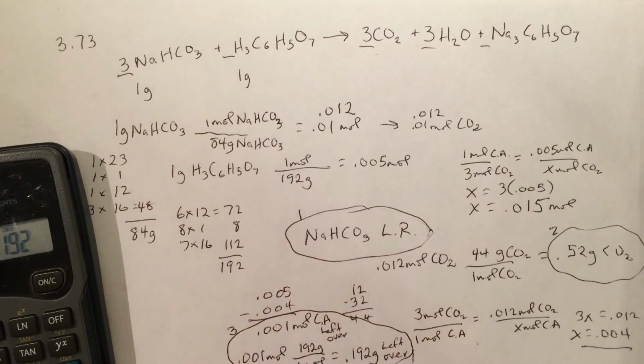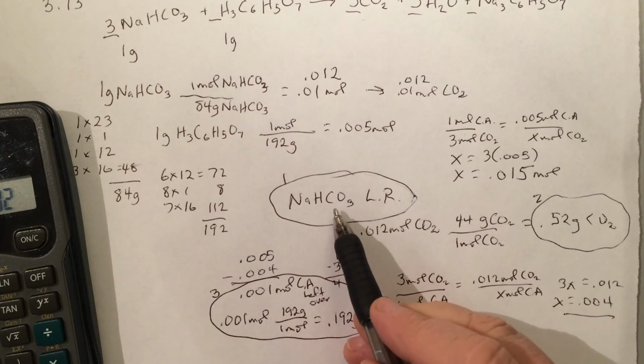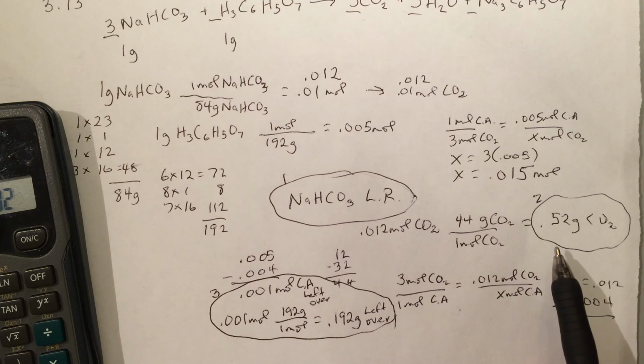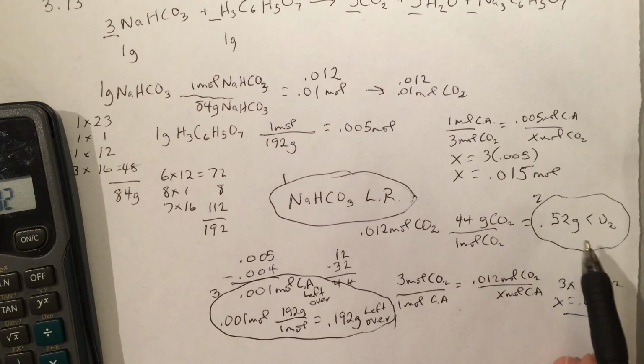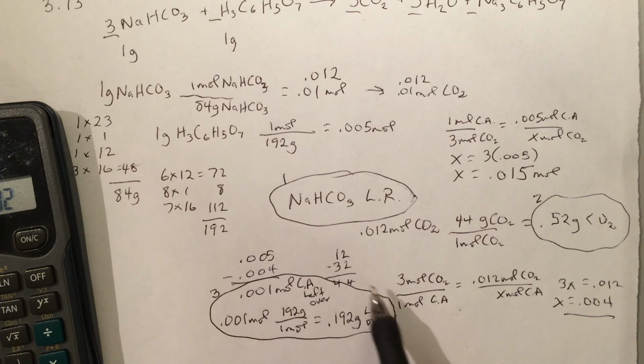So this is number 3. So you're going to see that the baking soda was the limiting reactant, and then how much that you made of the carbon dioxide. They chose one of the products, and then how much of the citric acid, which was your excess reactant, was left over when everything was used up.